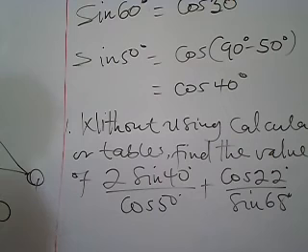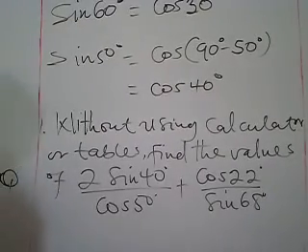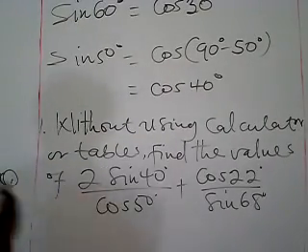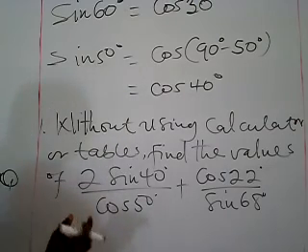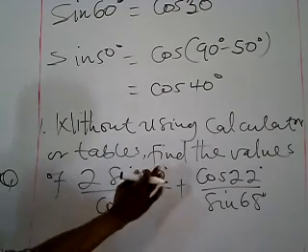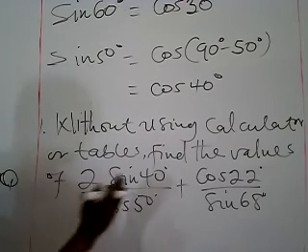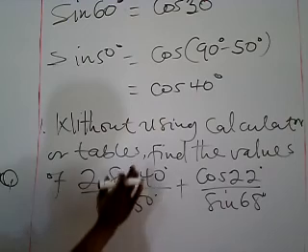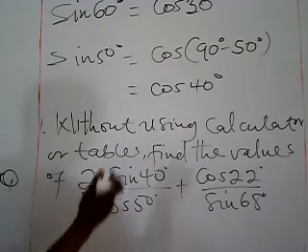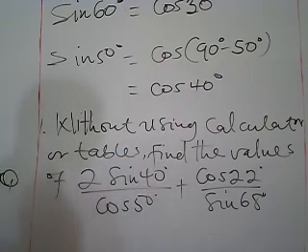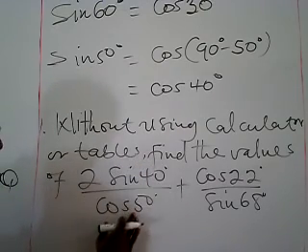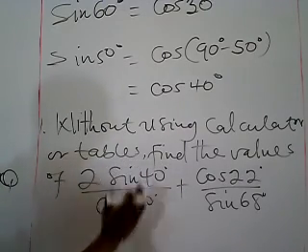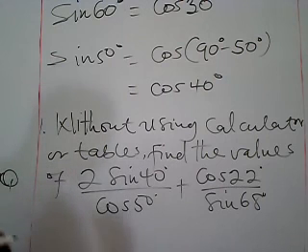Now, to be able to find the value of this, we apply the principle of the complementary angles under sine and cos. Now we are having 2 sine 40 degrees over cos 50. There is a need for us to change either the cos or the sine, so that we can have the same ratios, either sine over sine or cos over cos, so we can do cancellation and simplify it.